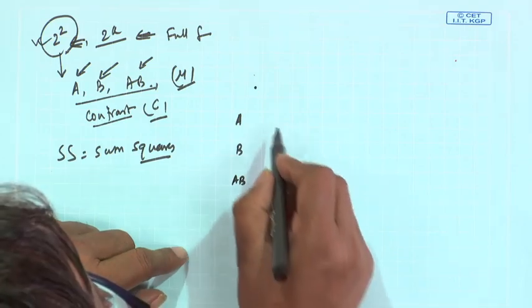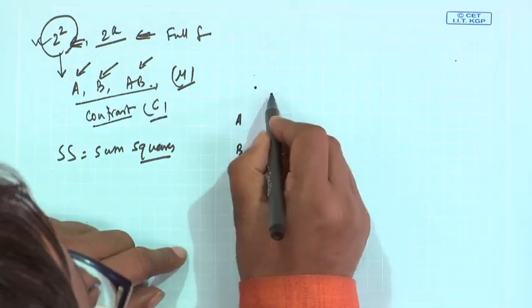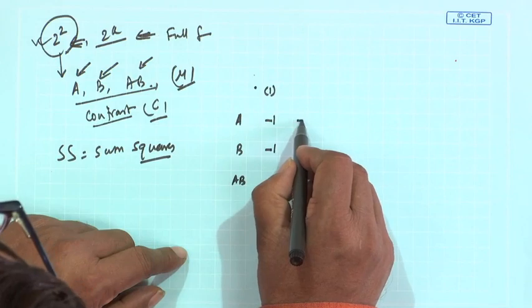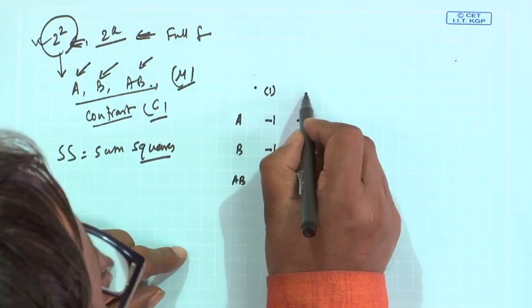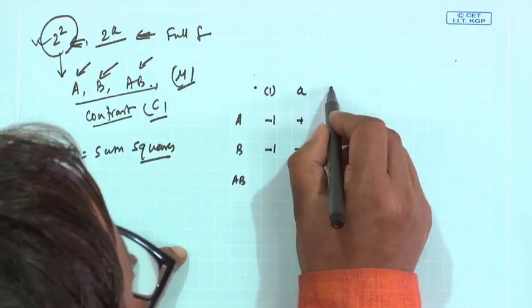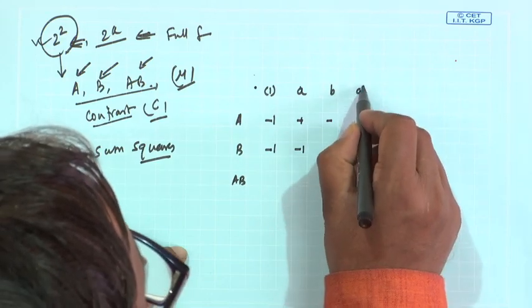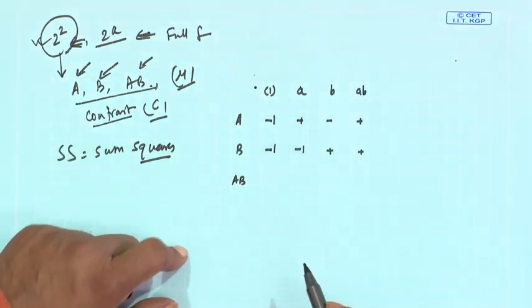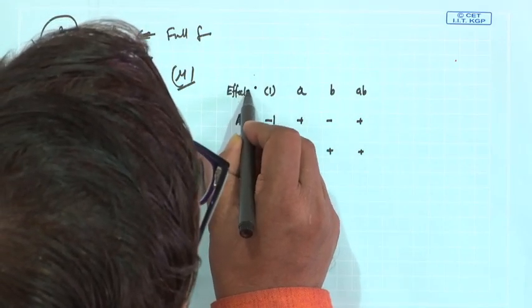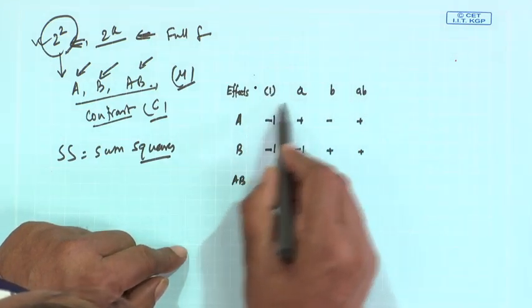What we have seen: A at low, B at low, so minus 1, minus 1, we have denoted by 1. When A is plus 1 and B is minus 1, we denote it by A. When A is minus 1 and B is plus 1, denoted by B. When both are plus 1, denoted by AB. So, these are basically the effects on y, those values.